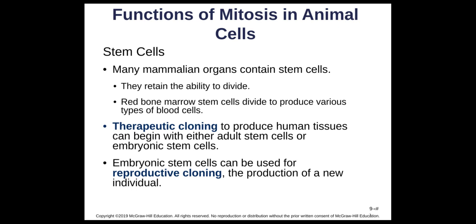But the technologies to grow organs and to make blood without blood donations is something stem cells are working towards. So therapeutic cloning can be to make tissues that can begin with adult stem cells or with embryonic stem cells. We can grow organs not on a human.